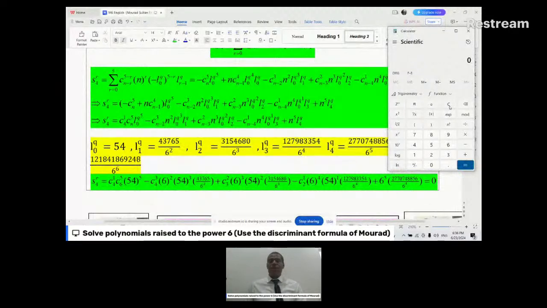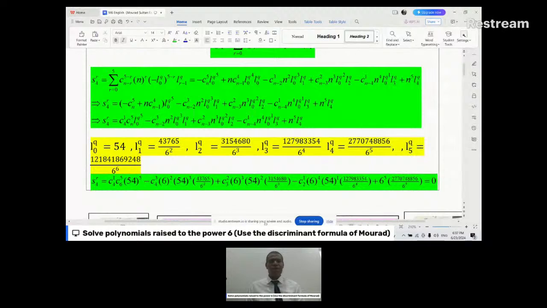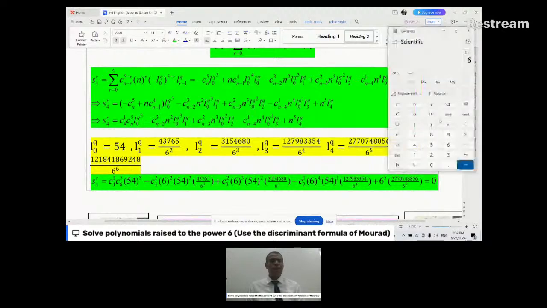Learners, I will try to find the value of S4 of order r, written as combination 4 choose 1, which means 4, times combination 6 choose 5, which means times 6, times 54 raised to the power 5.